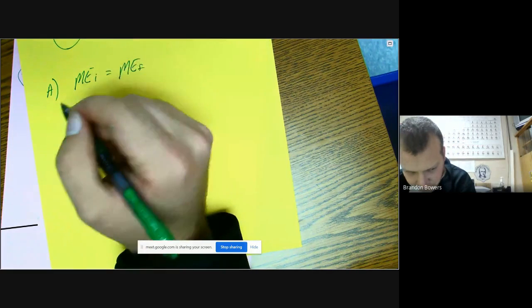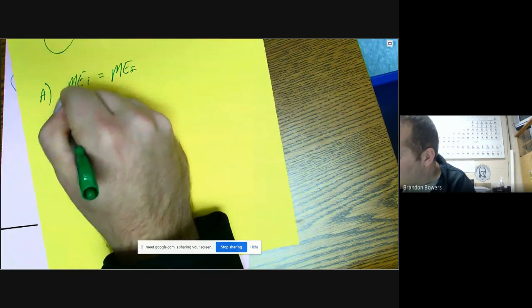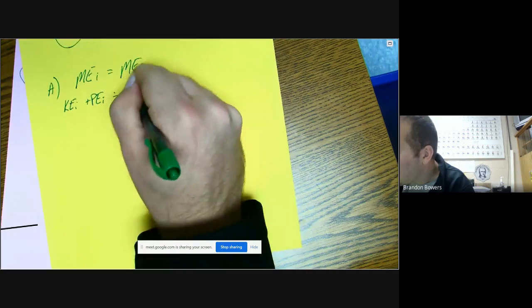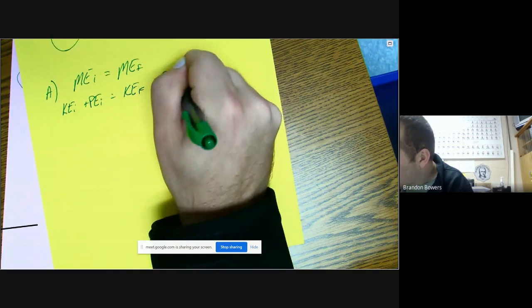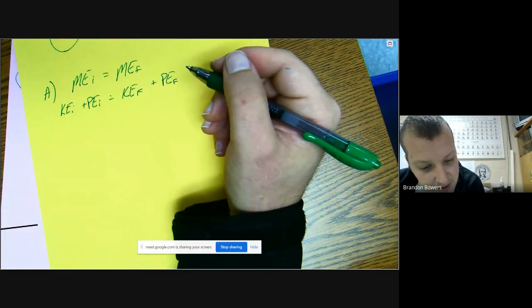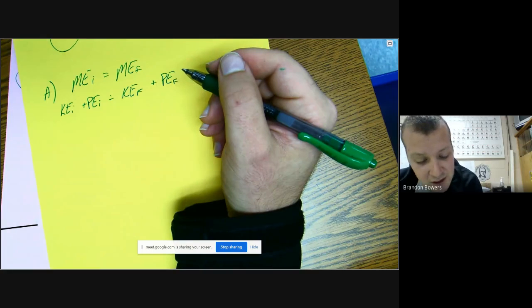So when we're solving this, you're going to have the kinetic energy initial plus the potential energy initial is equal to the kinetic energy final plus the potential energy final. So the initial, it's moving at a speed of 4 meters per second on a frictionless surface toward a spring.